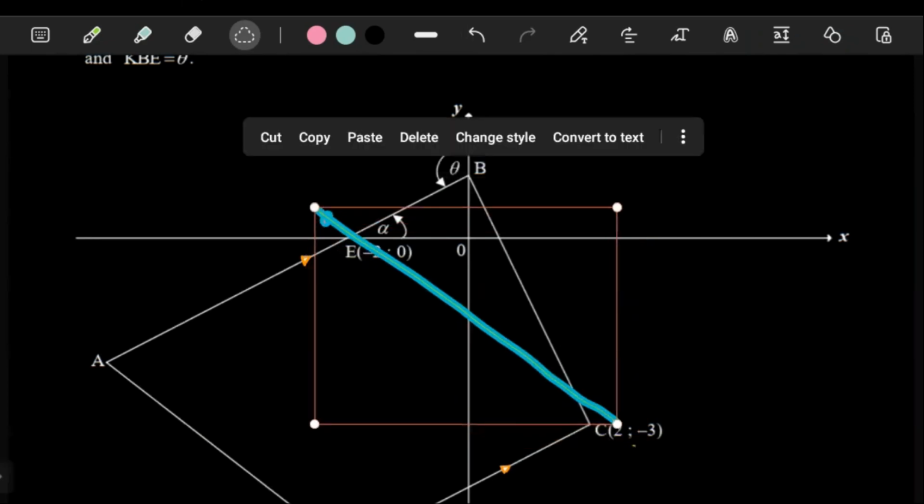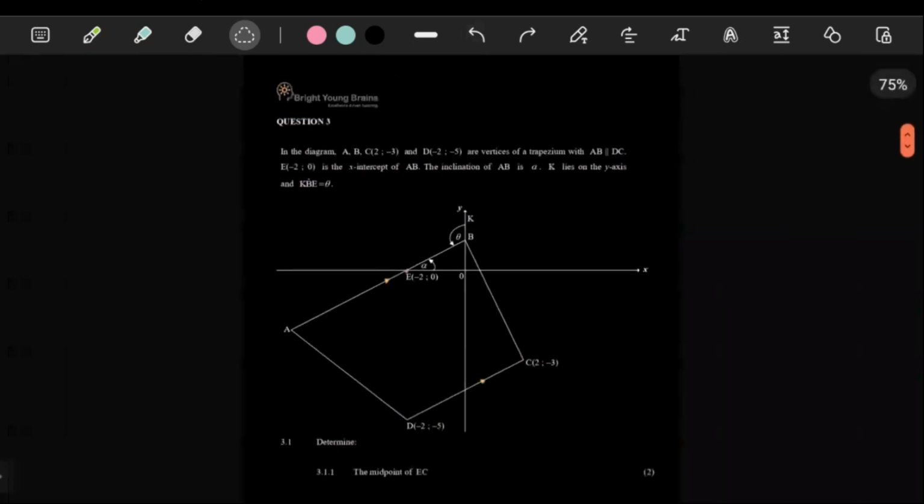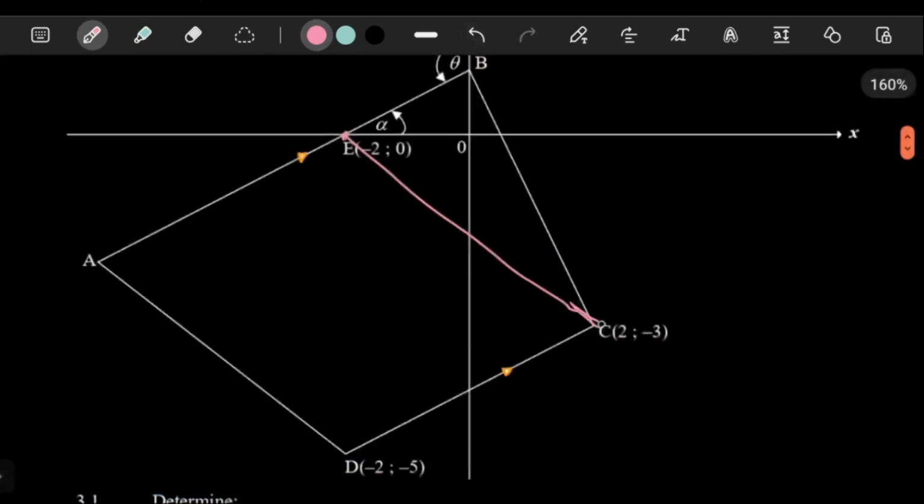I wish I could have just made it a straight line, but it does not want to do that. But I think you get the idea. This is where EC would be. Let me make it a bit smaller so that I can draw a bit better. EC. Not too bad. So E and C, they want us to get the middle.